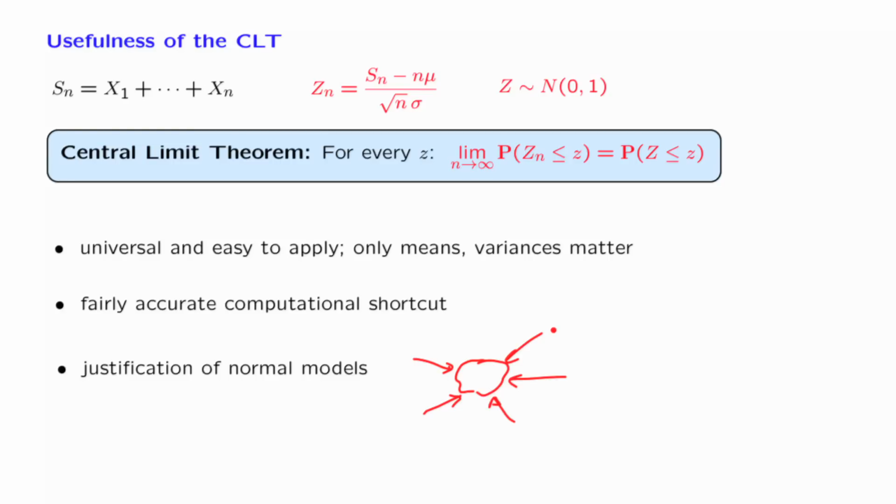And this is a reason why in many applications, in many different fields, normal random variables provide very useful and accurate models.